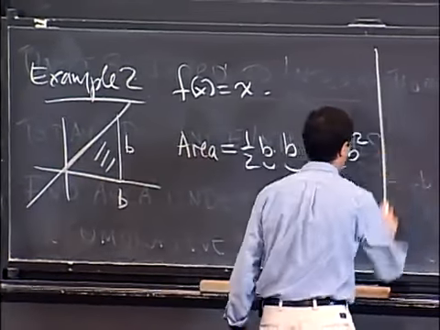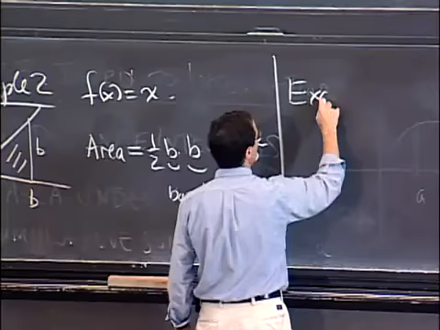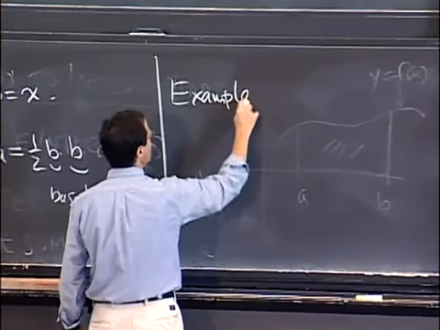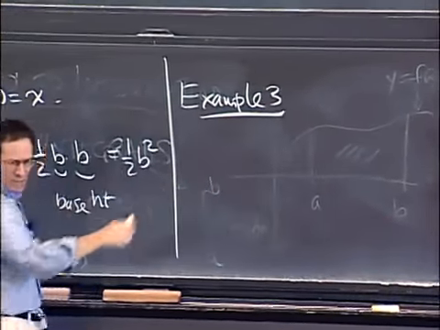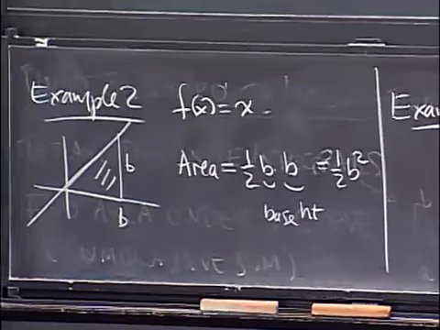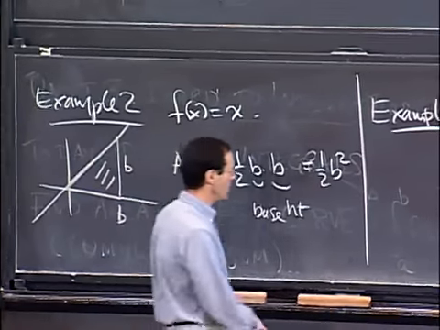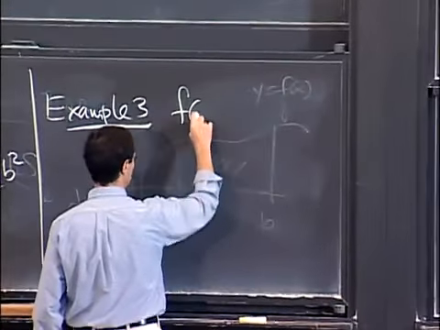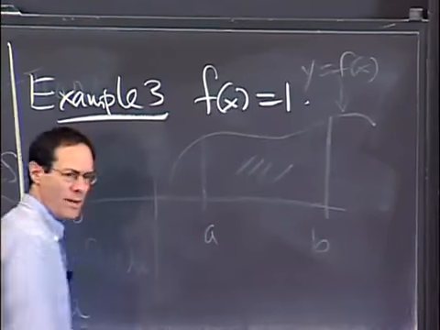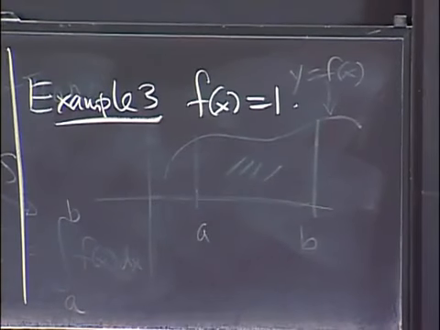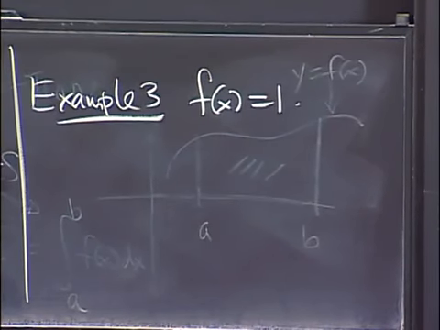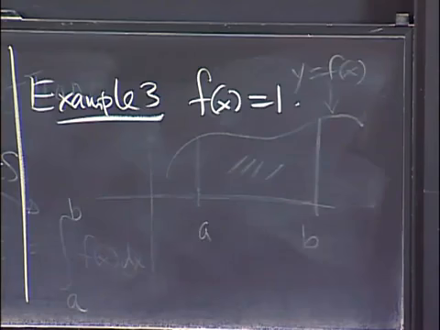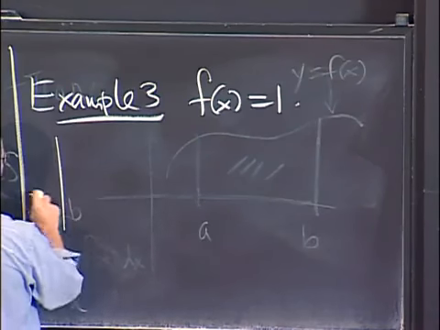Notice, by the way, I didn't have to do this elaborate summing to do that because we happen to know this area. The third example is going to be even easier. F of x is equal to 1. By far the most important example. Remarkably, when you get to 18.02 in multivariable calculus, you will forget this calculation somehow. And I don't know why, but it happens to everybody.